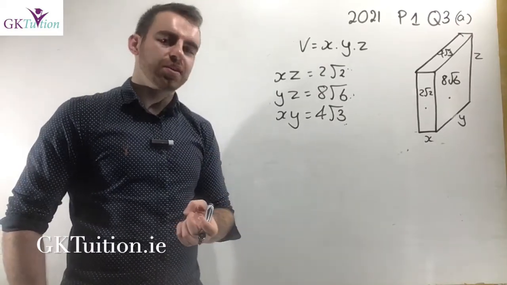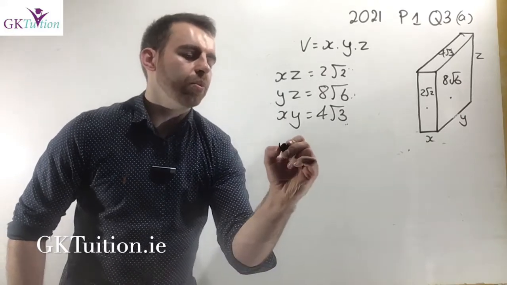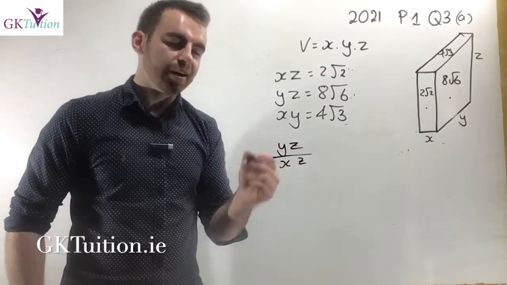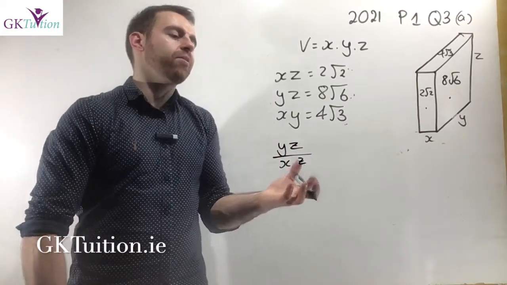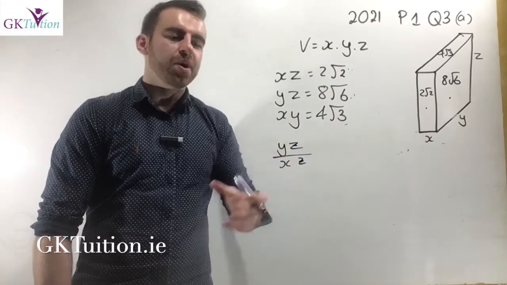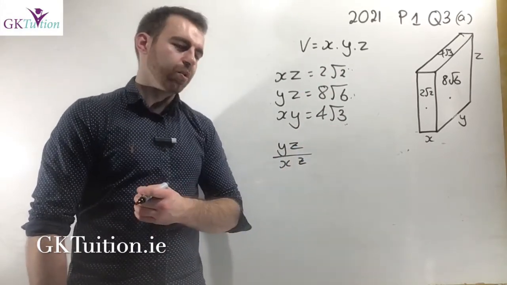So I decided to take yz and xz and divide yz by xz. I wasn't really sure why that was relevant, but hopefully we'll be able to do something with it now.